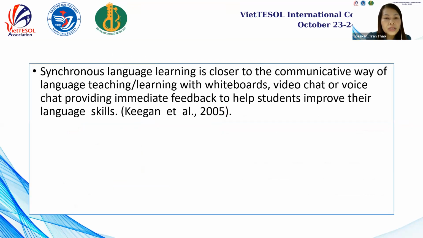According to Keegan in 2005, synchronous language learning is closer to the communicative way of language teaching and learning, with whiteboards, video chat, or voice chat, providing immediate feedback to help students improve their language skills.